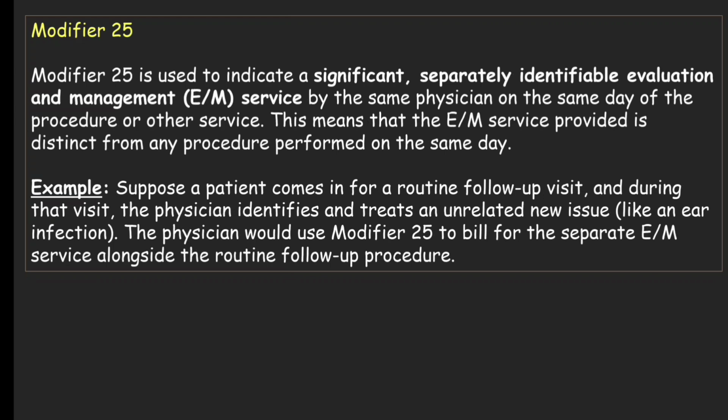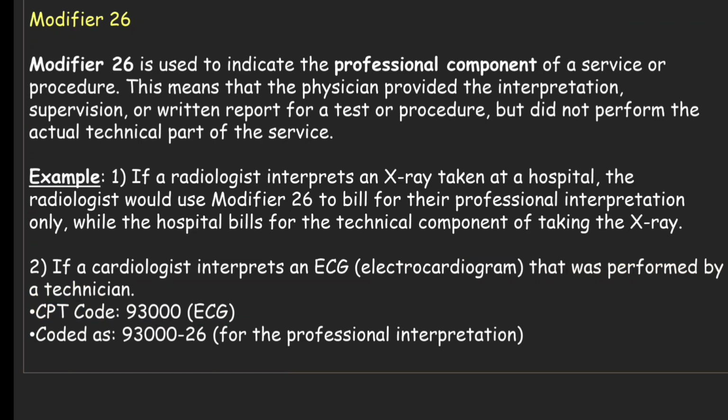During the visit, the physician identifies and treats a new issue, which is unrelated, for example, an ear infection. Then the physician would use modifier 25 to bill for the separate E&M service alongside the routine follow-up procedure. So the keywords are separate E&M service, outside of, unrelated. Next modifier is 26.